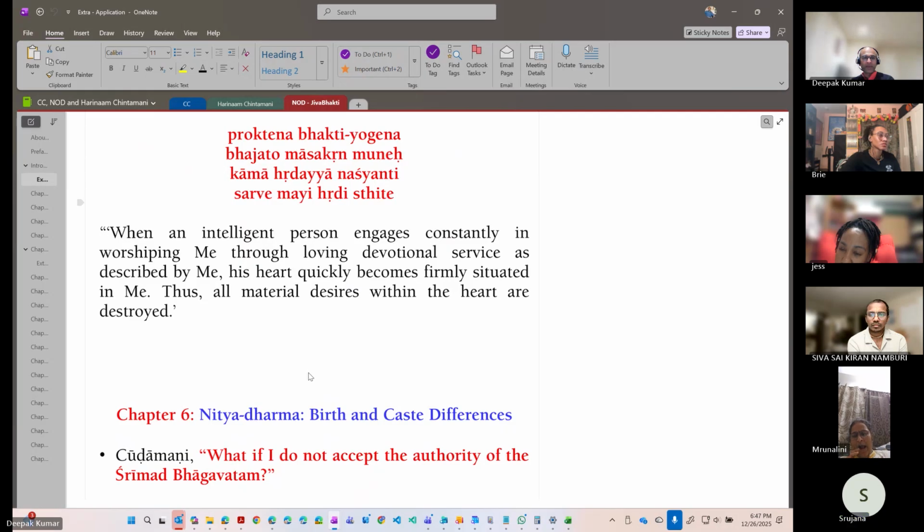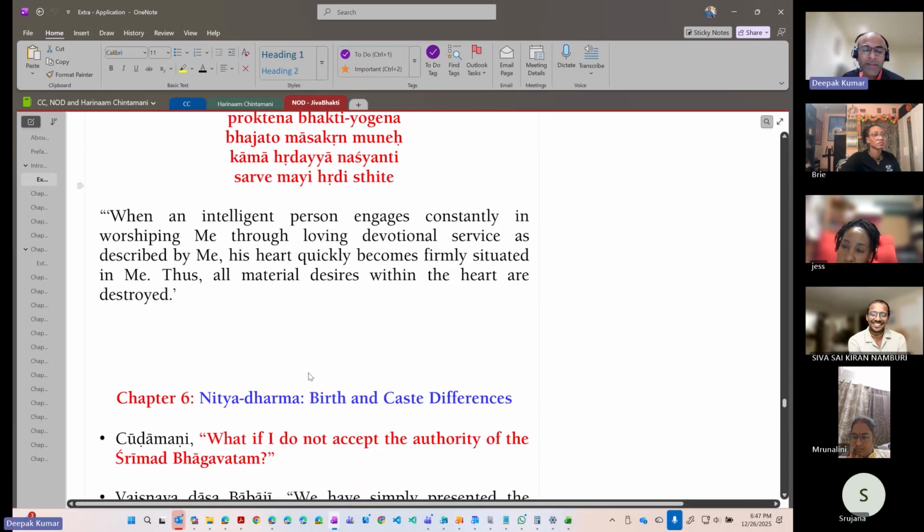Sometimes it feels like, oh, yet again I failed. But whatever you read today, it is like building hope. That is the reason why Shastra has to be learned very deeply.